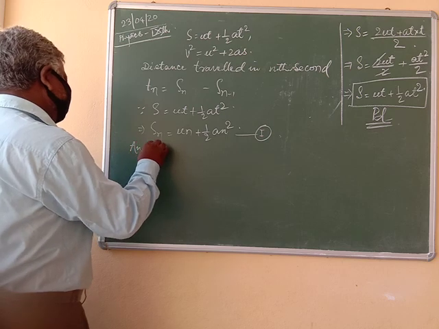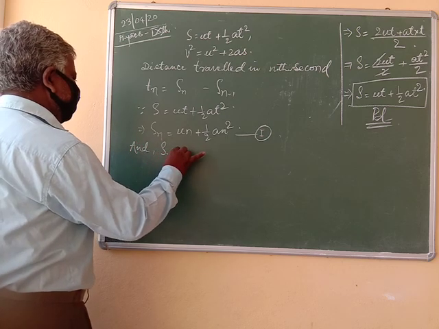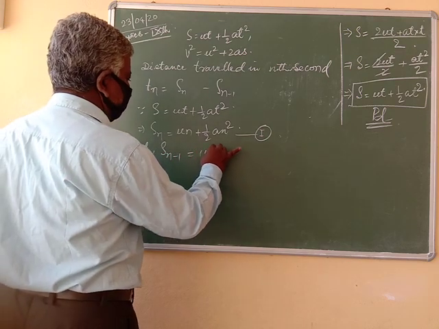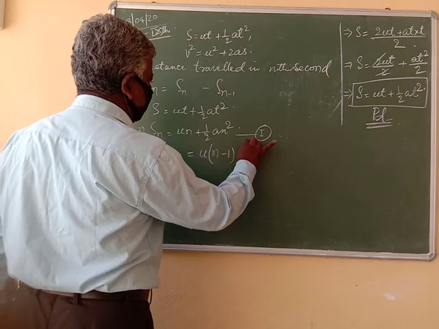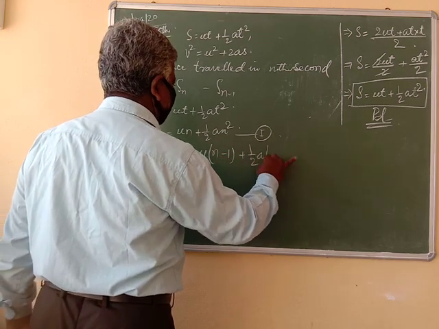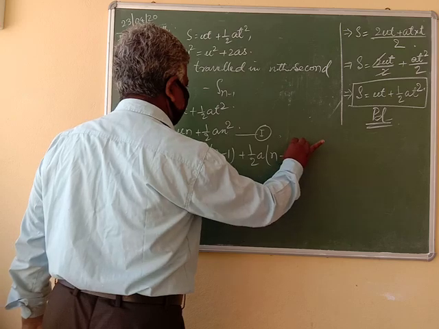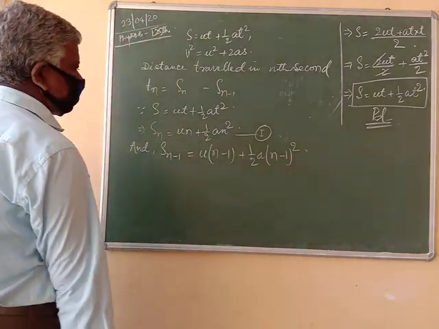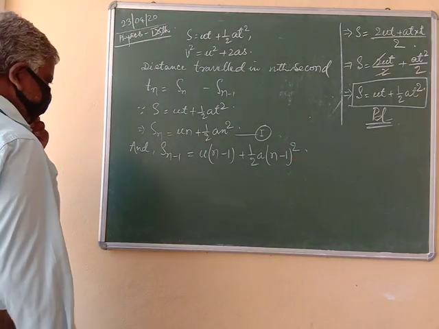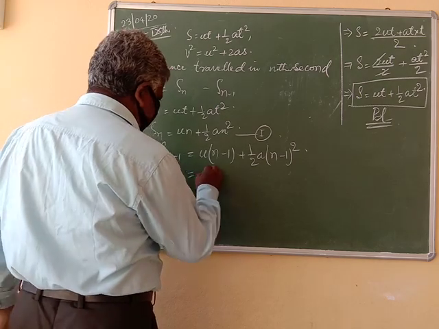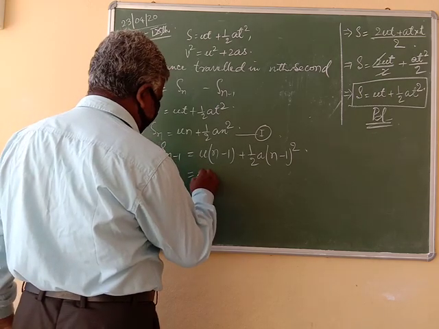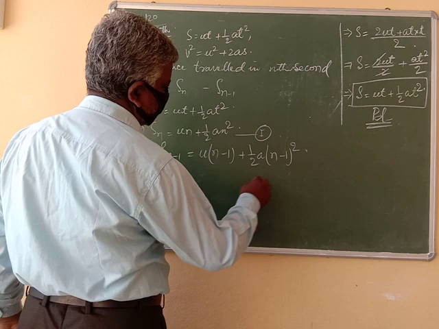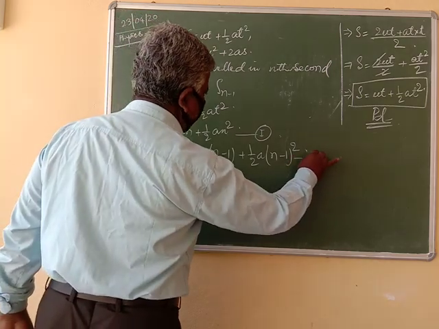And Sn minus 1 is equal to u(n minus 1) plus half a into (n minus 1) whole square. This is the second equation.